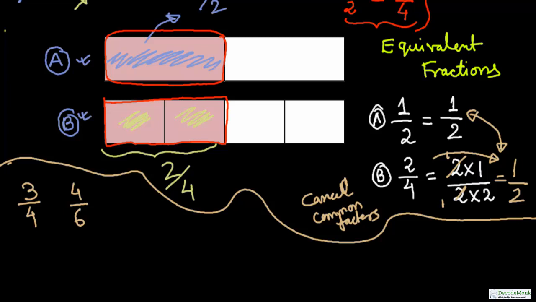Which one is greater? This may seem very confusing to you, because you see over here 4 is greater than 3, 6 is greater than 4. So many kids may make 4 upon 6 to be greater than 3 upon 4.